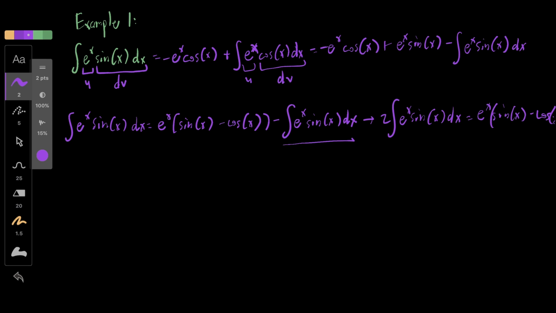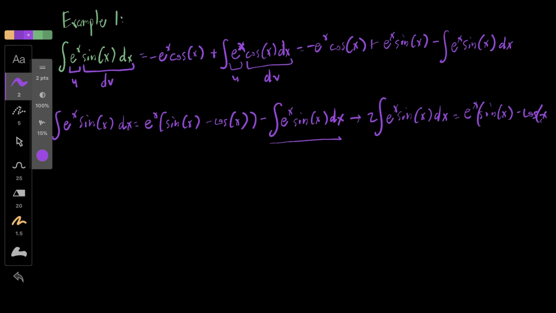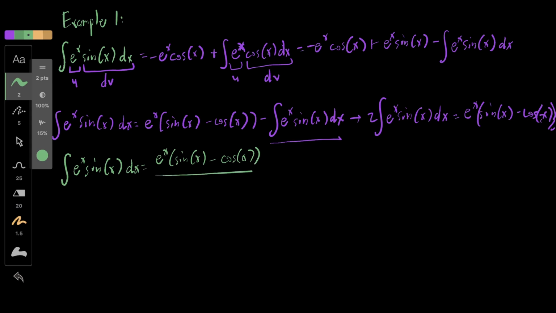And from the fact that we get this, we can divide it by 2, and that gets us the integral of e to the x sine of x dx is equal to e to the x times sine of x minus cosine of x, divided by 2 plus c. And there you have it. That is the integral answer for this problem.